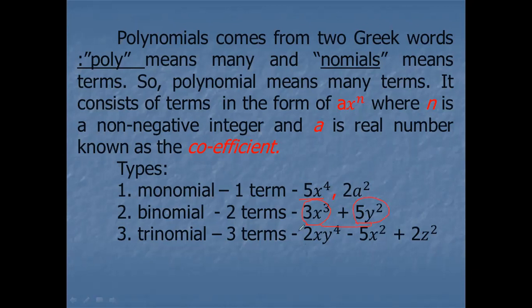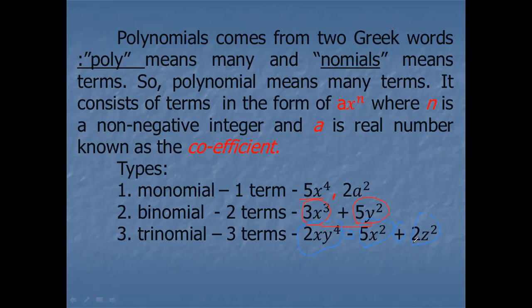You have here, for example, 2xy to the power of 4. That is one term, separated by a positive or a negative sign from 5x squared, another term, and then you have the third term. That is why it is called trinomial, because it has three terms.